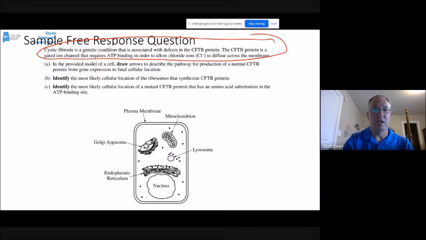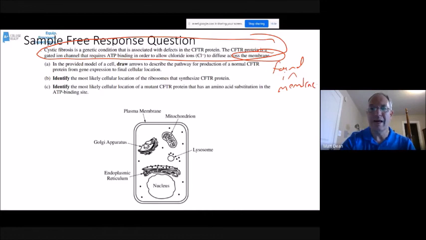Part A, in the provided model of a cell, draw arrows to describe the pathway for production of a normal CFTR protein from gene expression to final cellular location. All right, so it's important to remember that the CFTR protein is found in the cell membrane. That's where the protein is at.